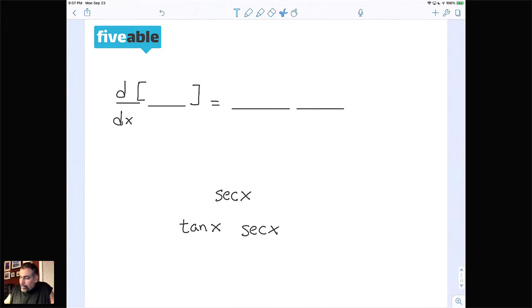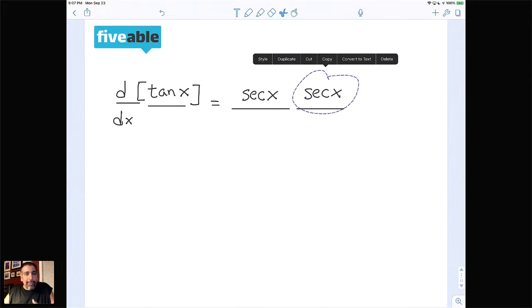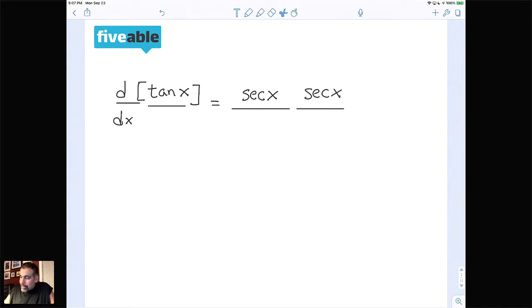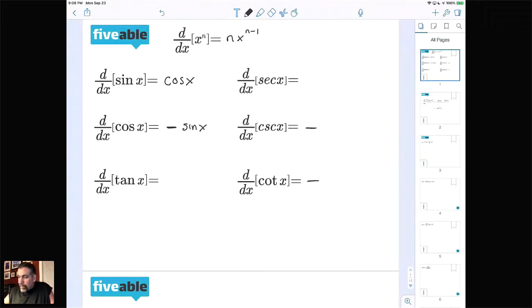So if I want to find the derivative of tangent playing this silly game, tangent goes in that blank, and then the only words left are secant and secant, and they have to go there, which actually works out great, because the derivative of tangent ends up being exactly secant squared. So the idea here is that you've got 1 tangent and you've got 2 secants. So if we go back to the previous screen, we can now put in the derivative of tangent is secant squared.